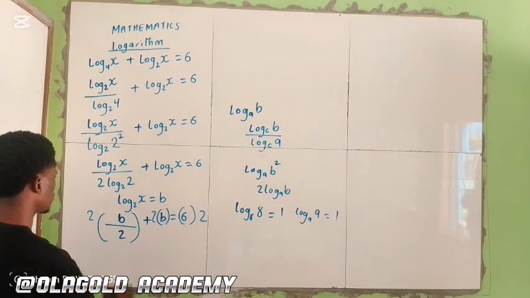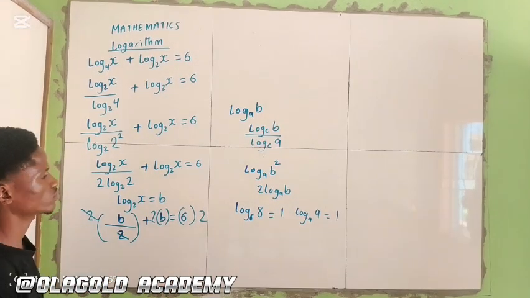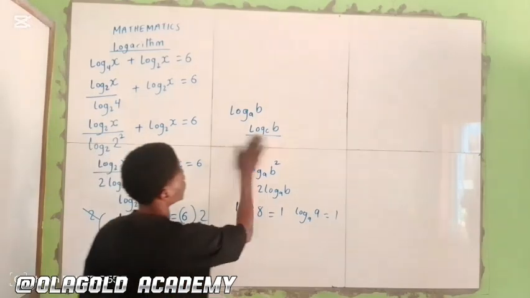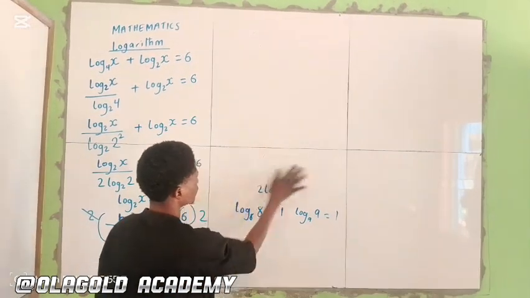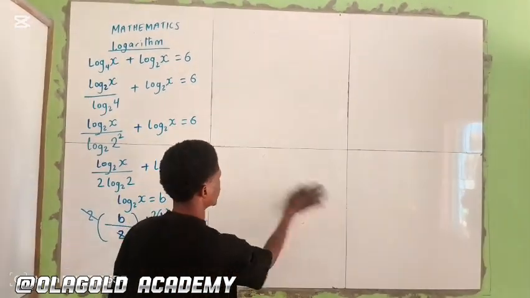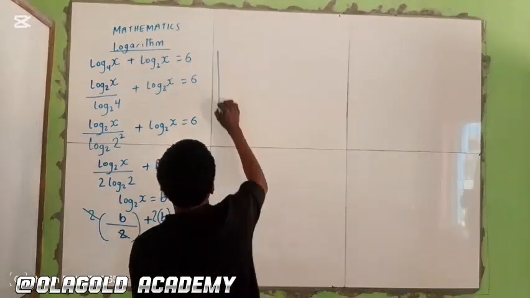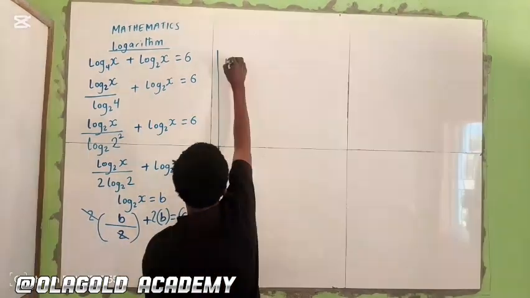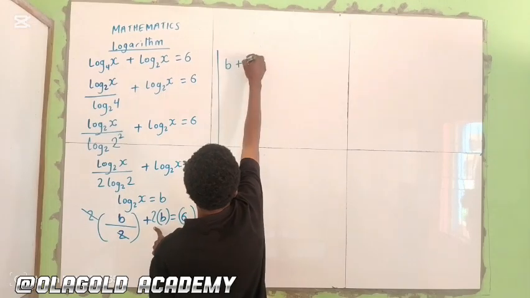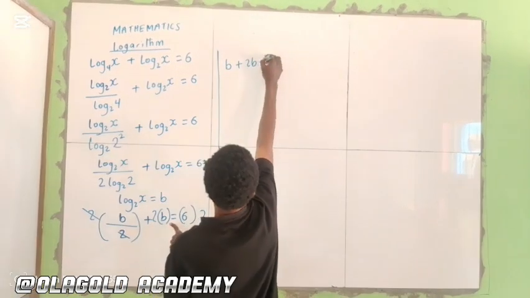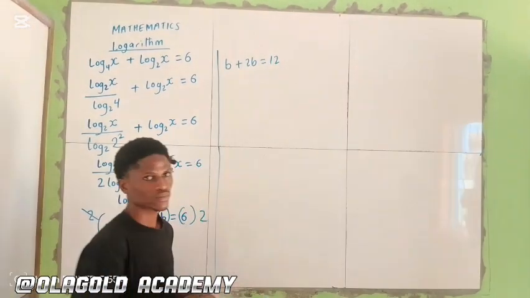With that being done, this will cancel this. So I'm going to get b plus 2b equals 12.